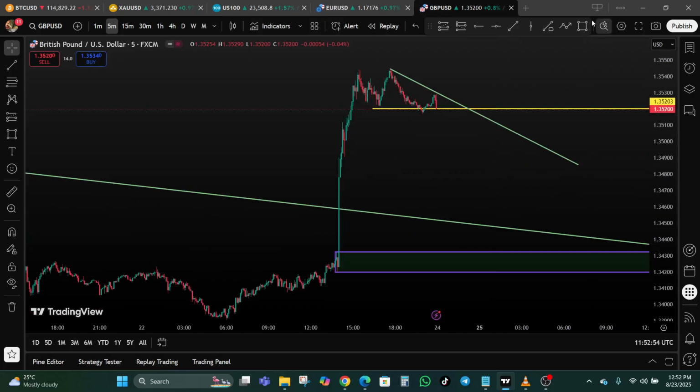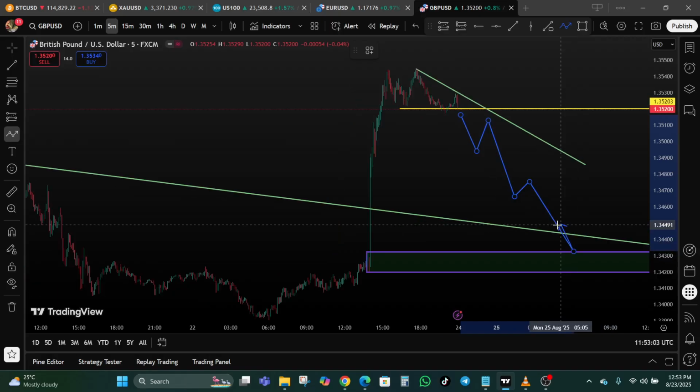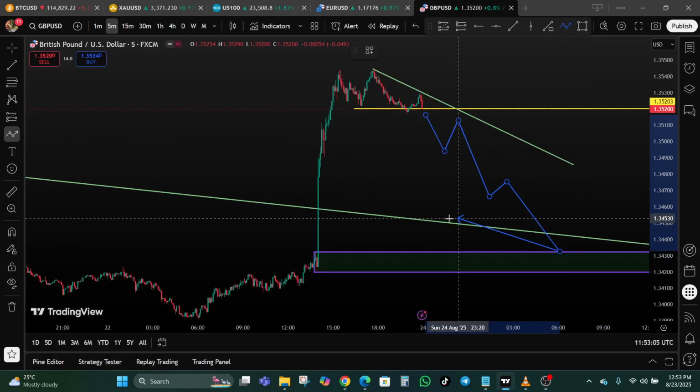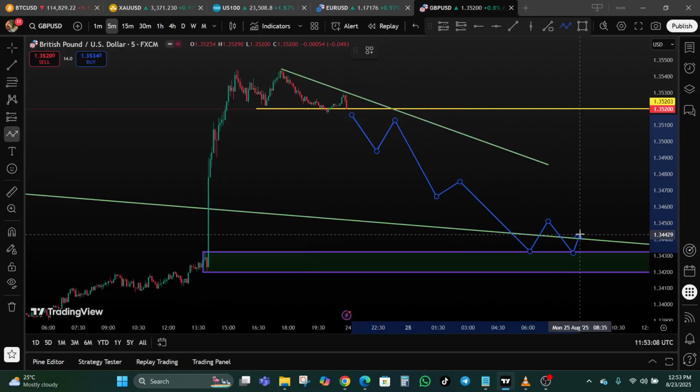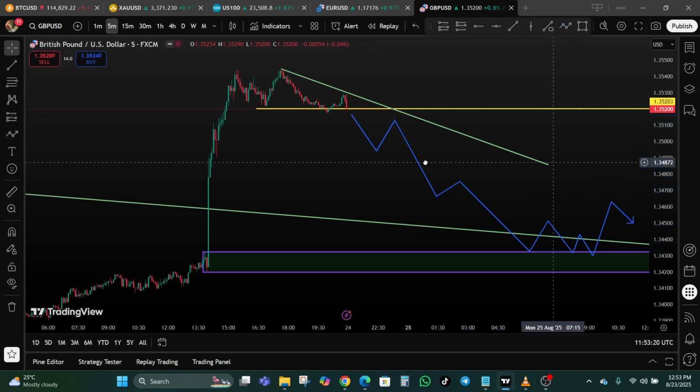So we might actually have a breakout from here, possibly price comes back to test this zone. So we'll likely have price mitigate this order block here, and then probably we could have a little consolidation. It might get rejected immediately, and then we have price going back up.